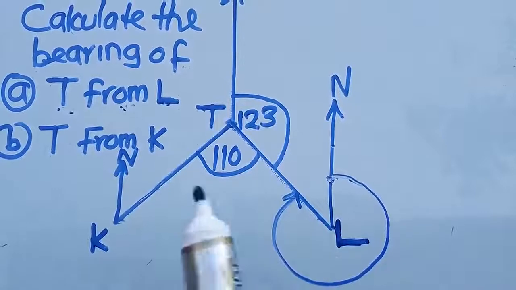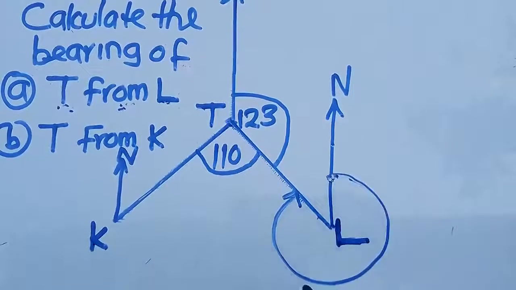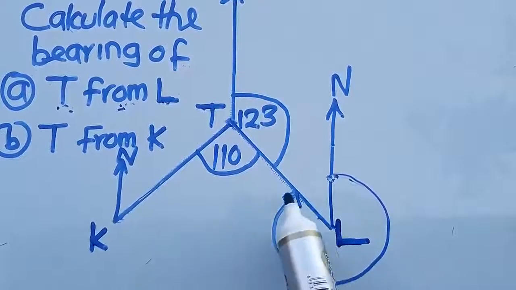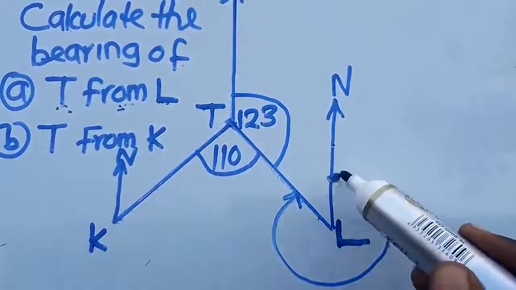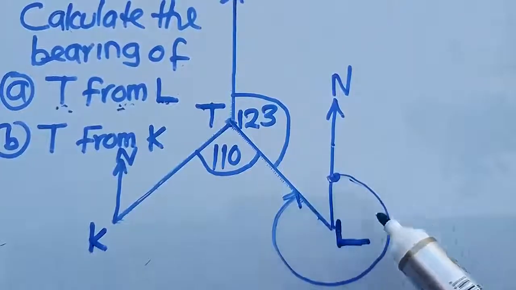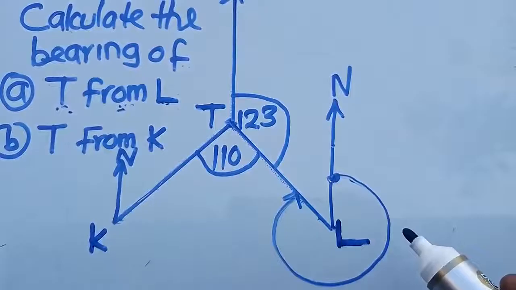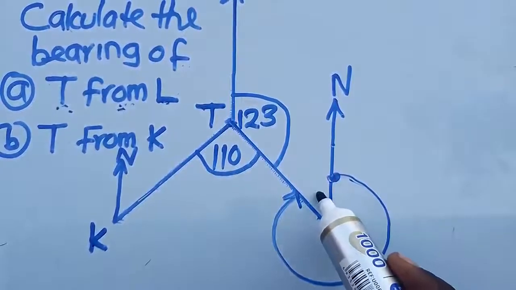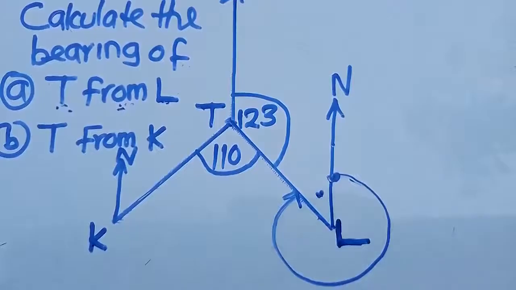It is something like a complete turn. Once you find the angle that is there, then you just subtract from 180. Then you are done. That's how you need to work this out.